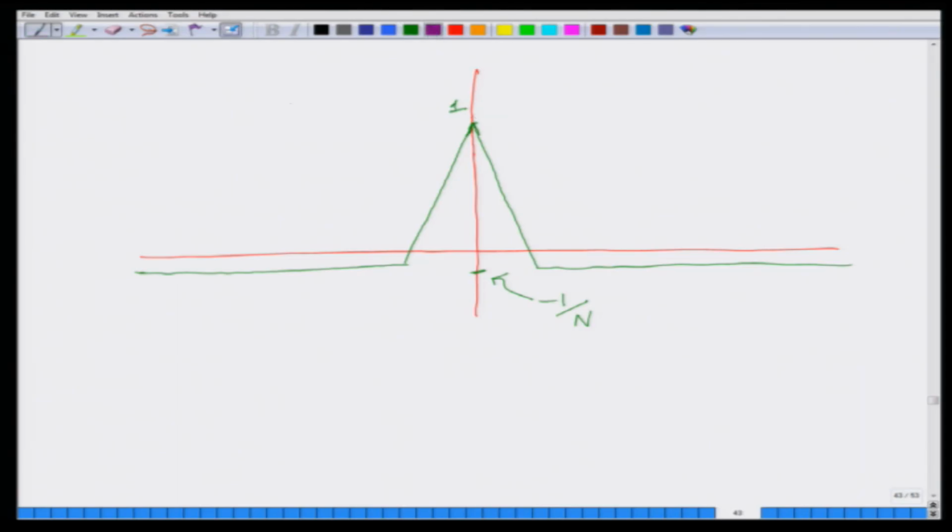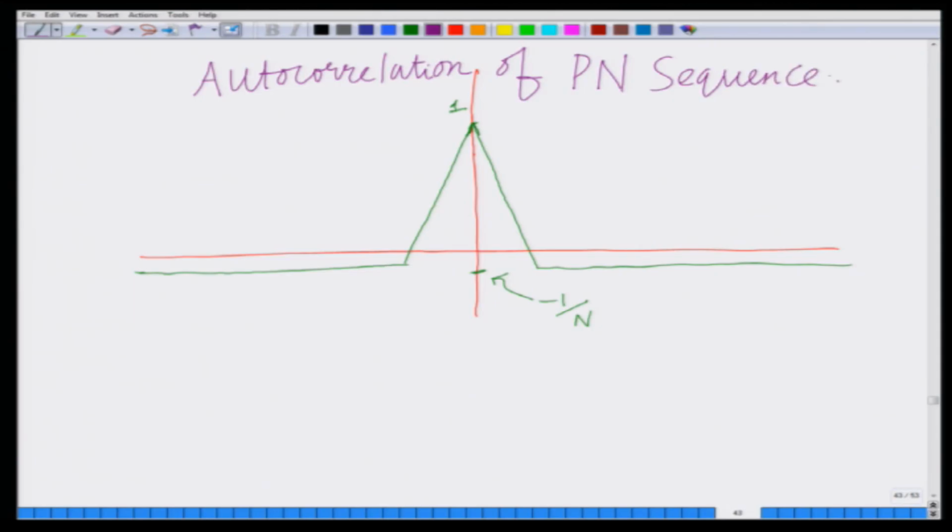This is a plot of the autocorrelation of the PN sequence.